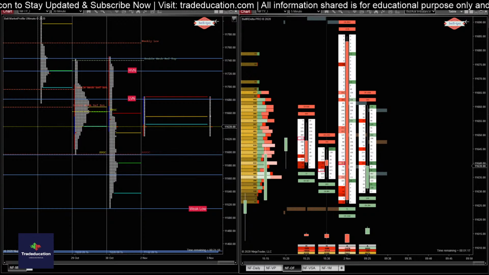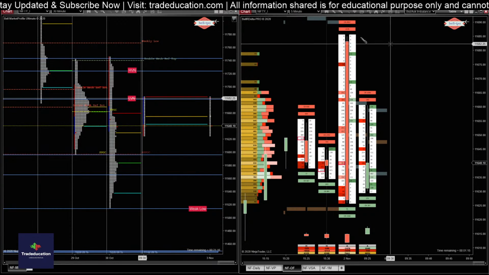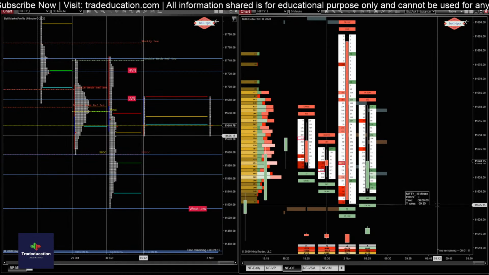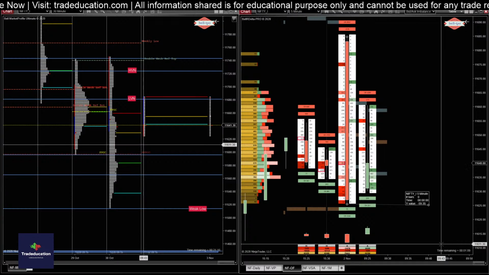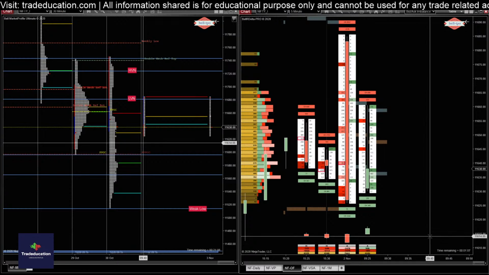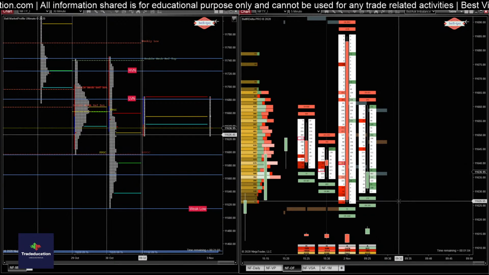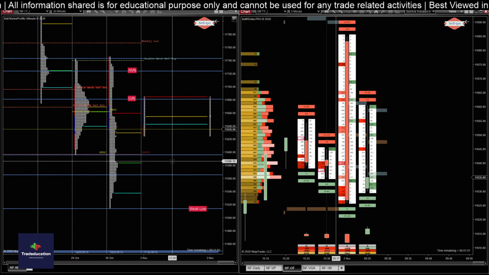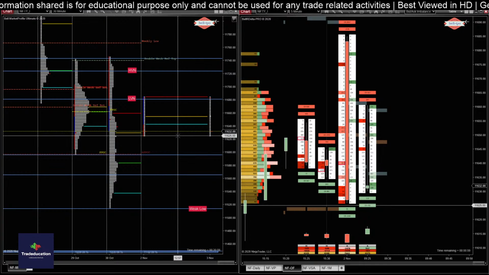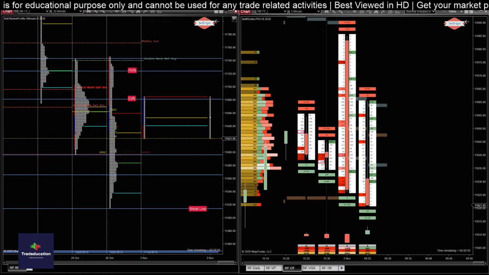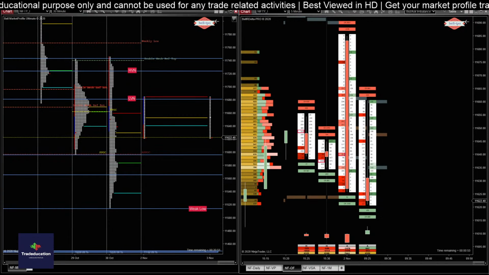What is the range? So this is a 59-point range, the first 5 minutes. Now we are currently having an inside bar. So we should see continuation to the lower side, lower edge. Yes, we are seeing continuation to the lower edge.